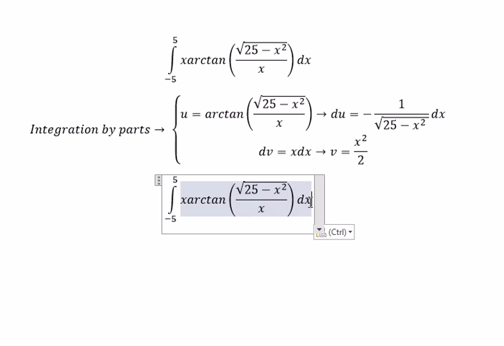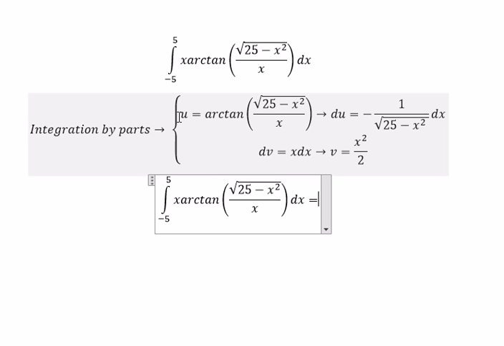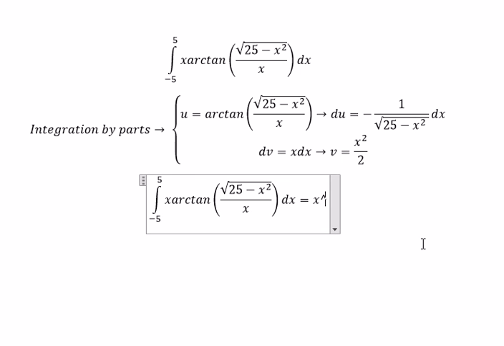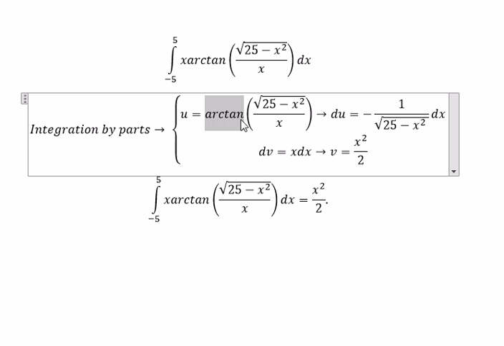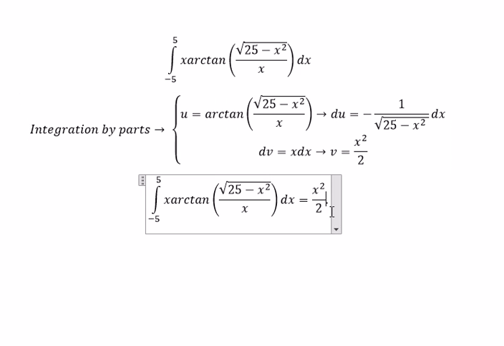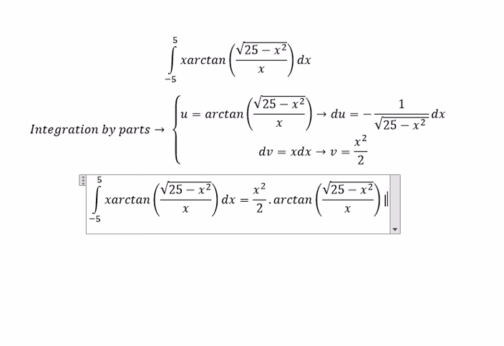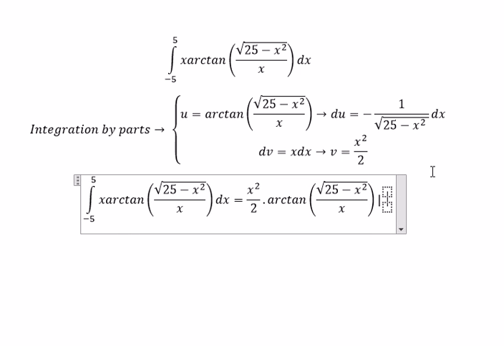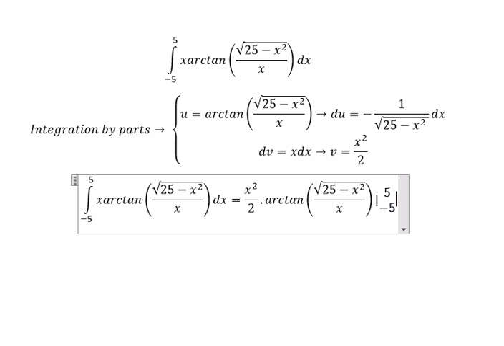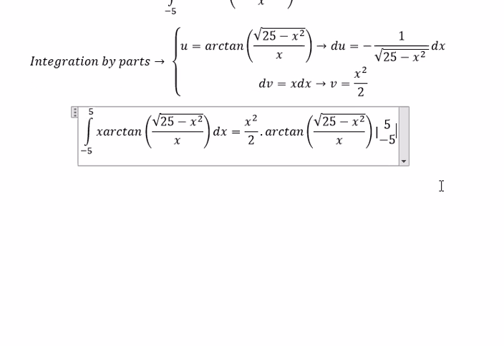So this one, we get u multiplied by v. And we have the negative in here, so you get the positive.